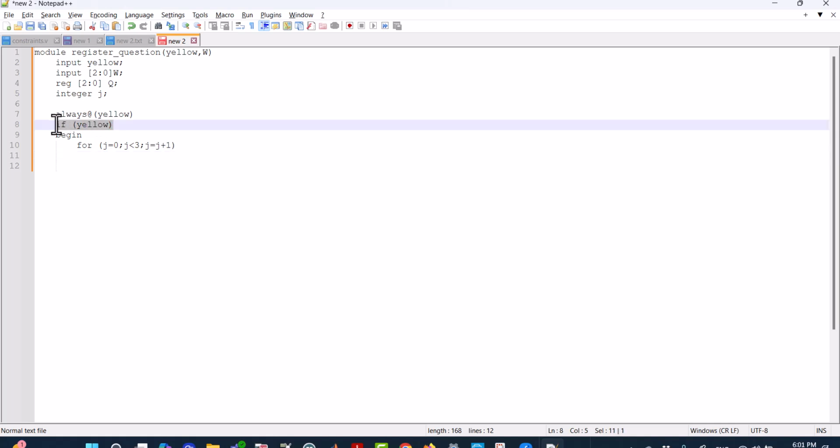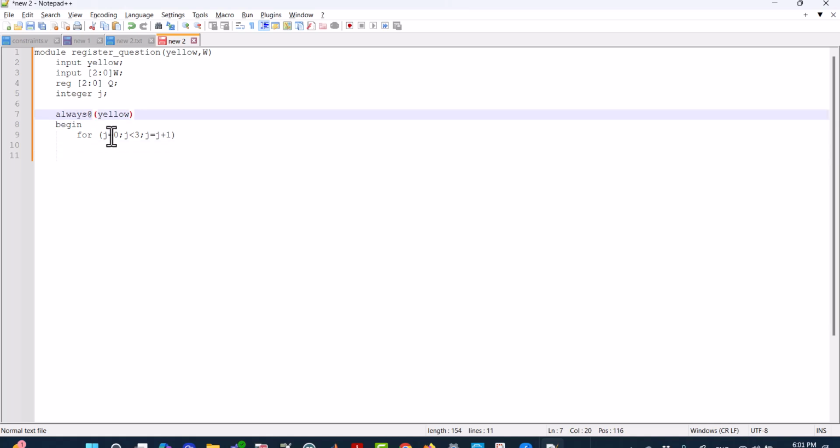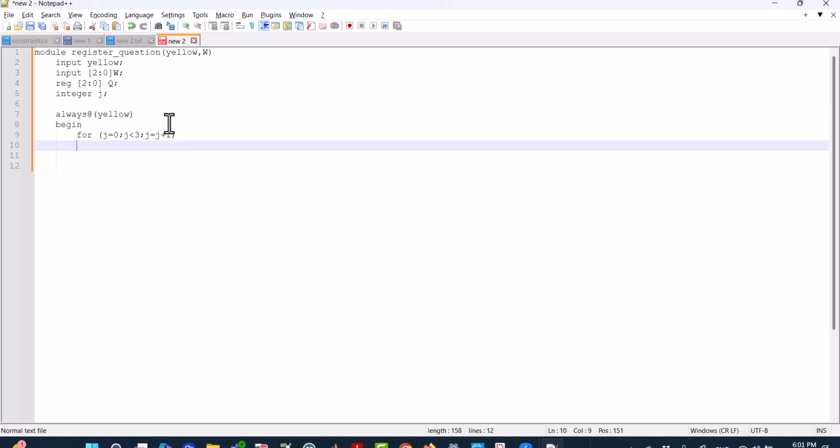Actually, I'm going to want to have my if inside here. So I'll go through, and here's where I'll check what I'm going to do. It'll be inside here.